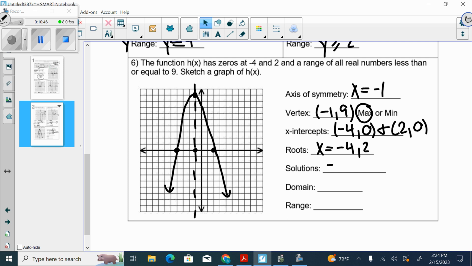Same thing. -4 and 2. All right, then it asks for domain. Is this thing ever going to stop going left and right? Nope. Okay, range. They told us actually what the range was. They said it was all real numbers less than or equal to 9. So I'm going to have y is less than or equal to 9. Okay.